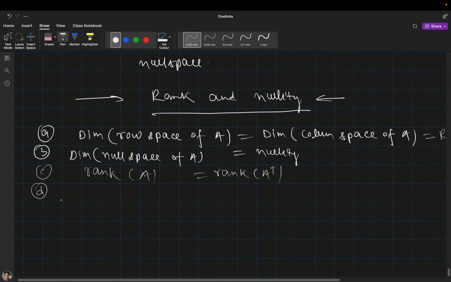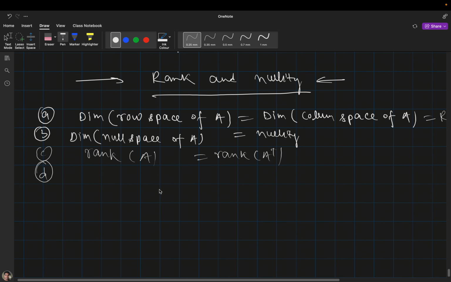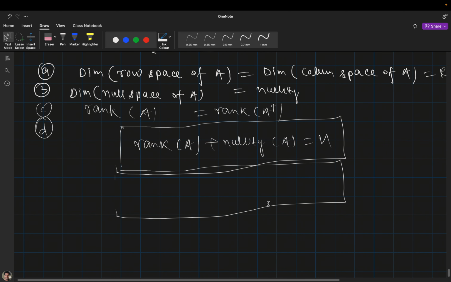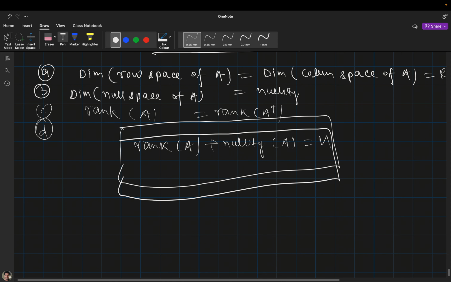Now the fourth point is very important. Rank of A plus nullity of A equal to n. This is called the rank nullity theorem. What is happening?